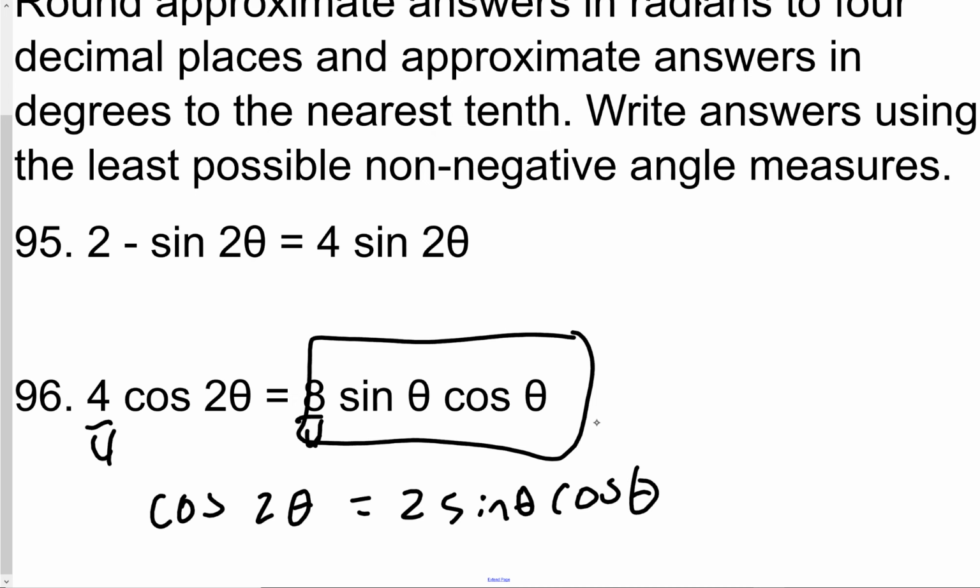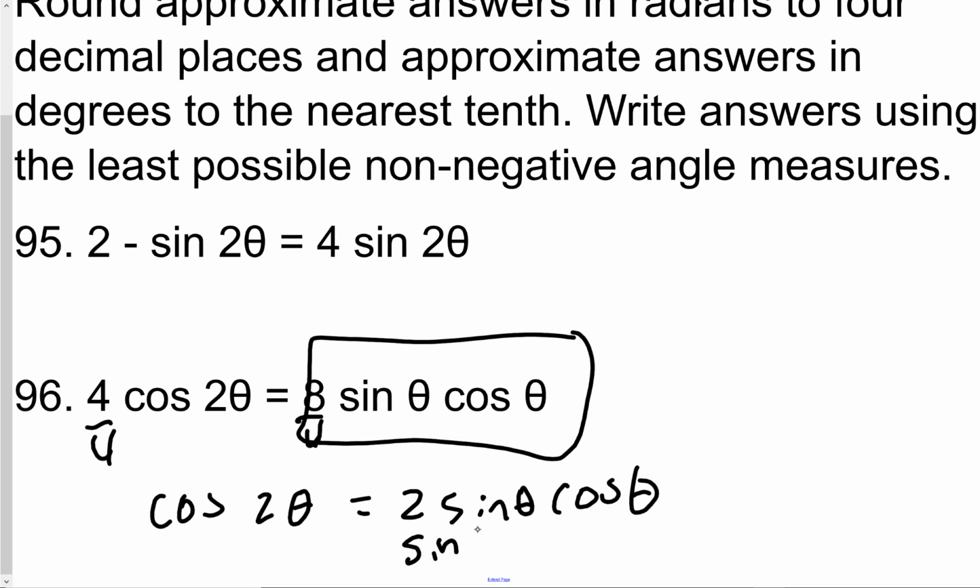Okay. And if you look back in 7.4, I think 7.4 is all the different double angles, and that's the double angle of sine. And so we'll go ahead and use that double angle of sine.